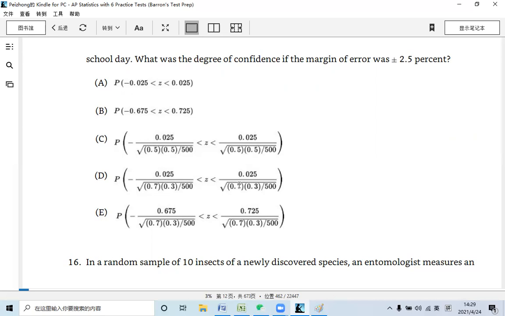You have 0.7 times 0.3. That would give you the standard deviation. Confidence interval.